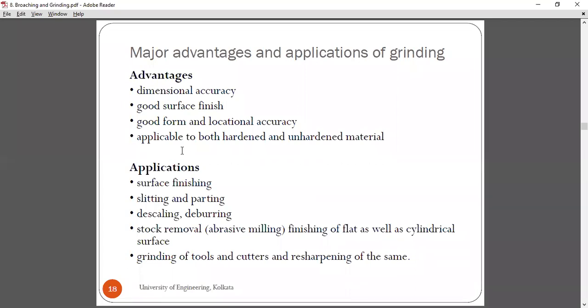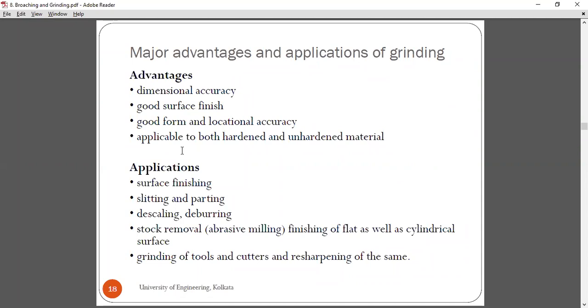Any grinding process which resulted in burrs can again be removed. Stock removal. Stock means the material removal, that is called abrasive milling. So we normally use it for finishing purposes, stock removal, and finishing of flat as well as cylindrical surfaces.